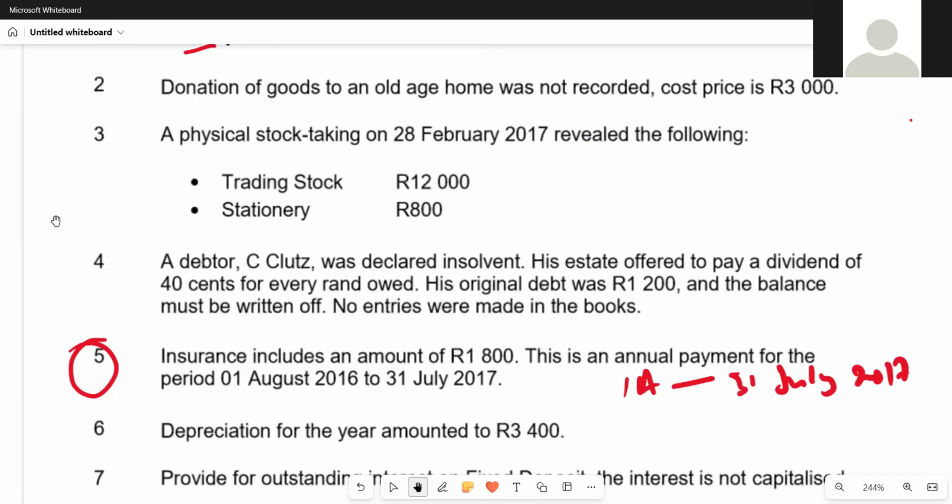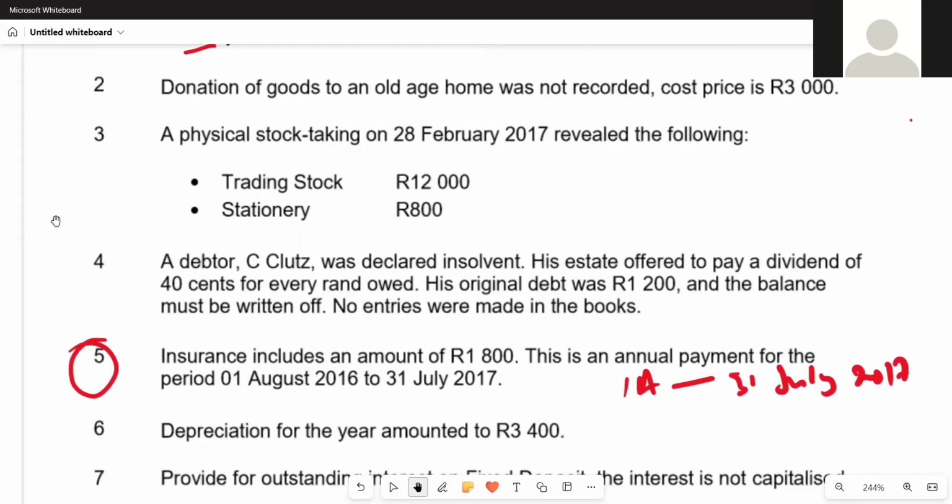So we are saying salary expenses, and the figure that we have is 5,400. Then we go and check again after salary. We've got water and electricity 14,200.